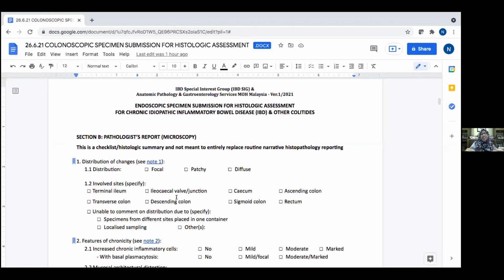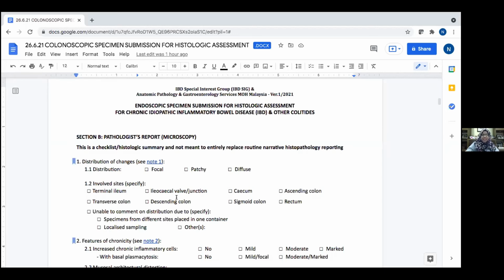So I hope that this project can be completed by October, including the decision whether we will be able to use this document as a standard in our daily routine practice. Thank you very much for your time. I'm sorry if I've taken extra time, but I thought I had to make it clear to everyone what needs to be known in IBD diagnosis.